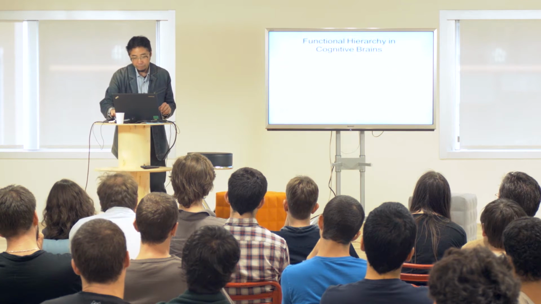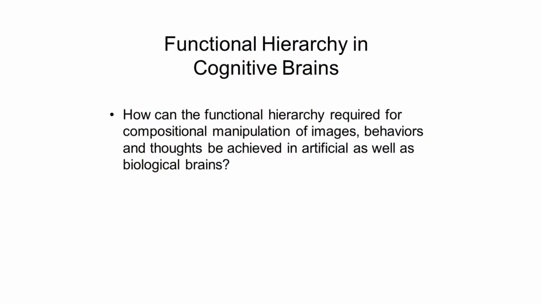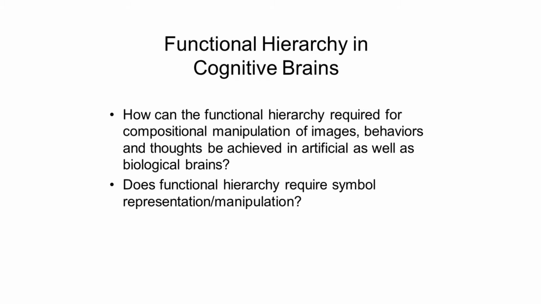So the question here is how the functional hierarchy required for the compositional manipulation of images, behaviors and thoughts can be achieved in the artificial as well as the biological brain.